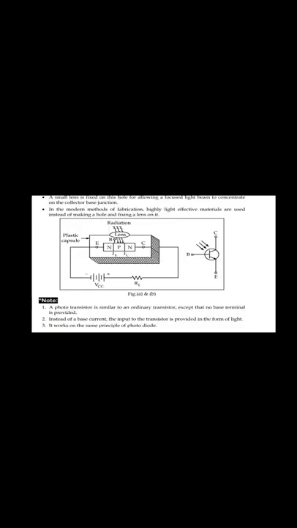The construction of a phototransistor is just like a conventional semiconductor transistor.